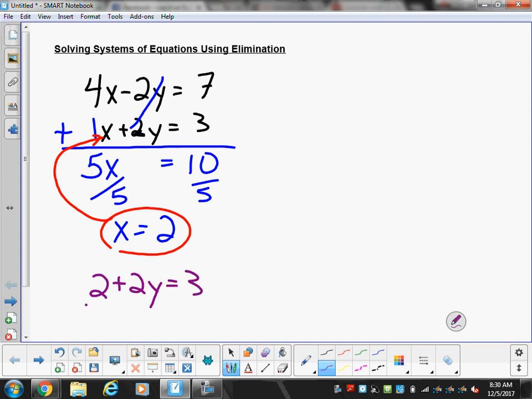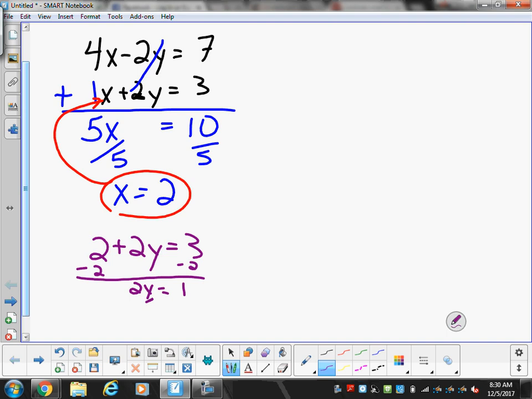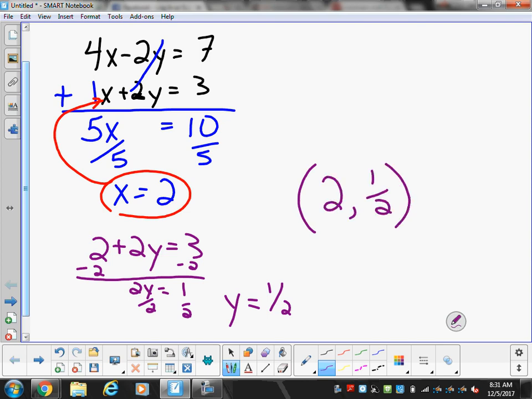Then I just solve. I start by subtracting 2 from both sides, which gives me 2y equals 1. The next step is to divide both sides by 2, so y equals 1/2. So my ordered pair solution is (2, 1/2).